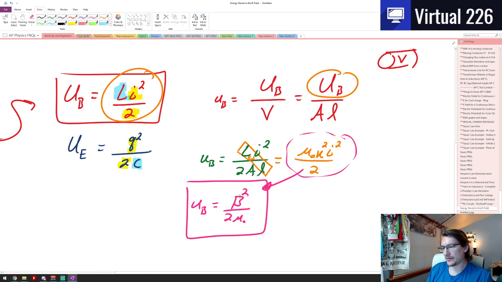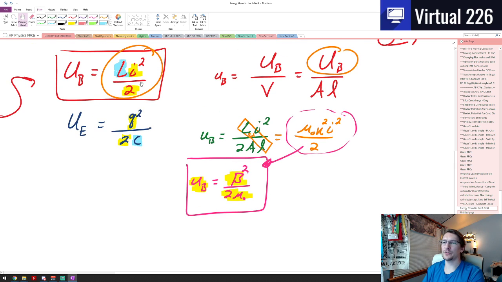Now, we derived this for a solenoid, this B field energy density, but this will actually apply to any B field. Okay, this will apply to any B field. The energy density of it will be the B field squared divided by 2 mu naught.